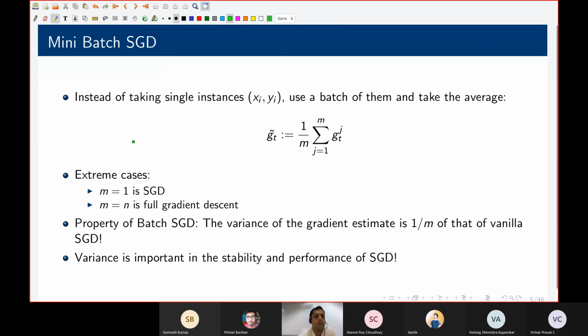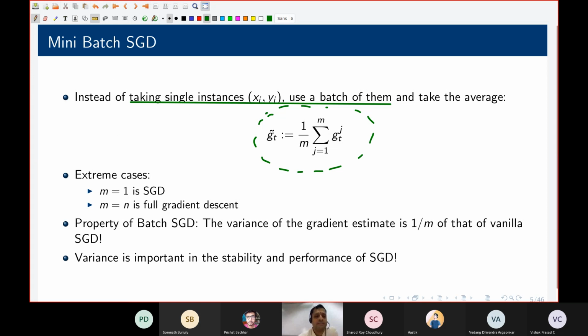It turns out that one small fix, and maybe several follow-ups to this, which might help us out, is the notion of mini batch stochastic gradient. Instead of taking single instances, you take a batch and then take an average. So now g tilde t is not just a single example, but an average of the batch.